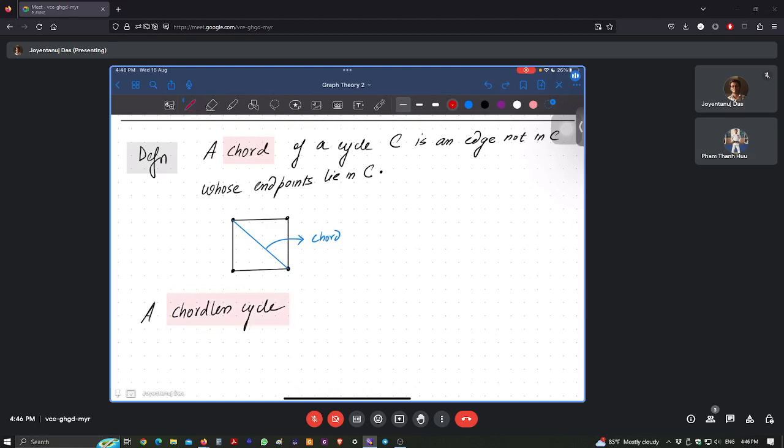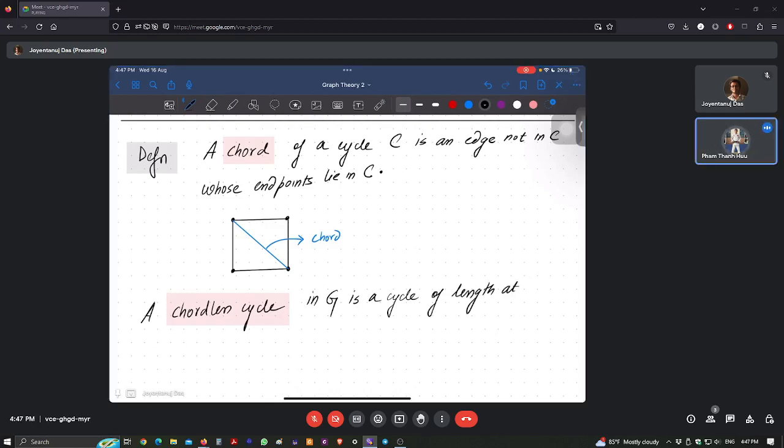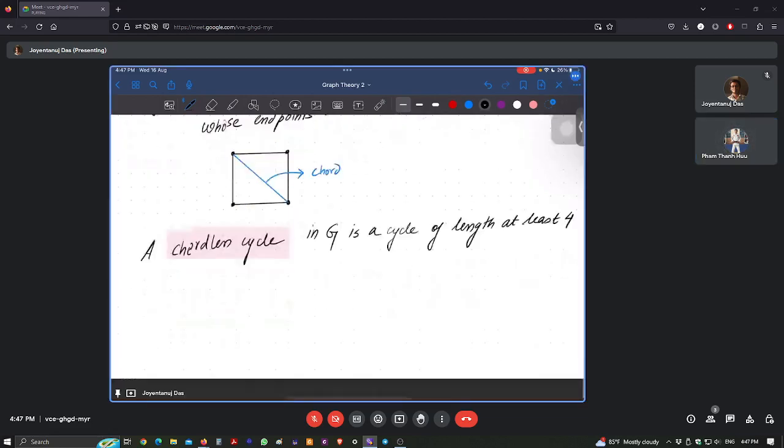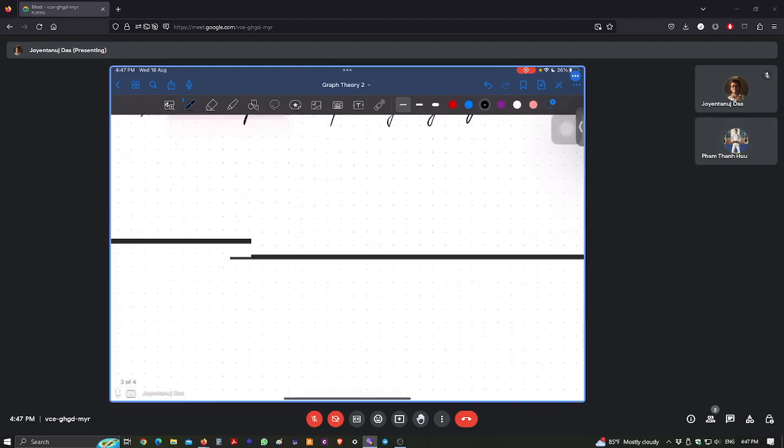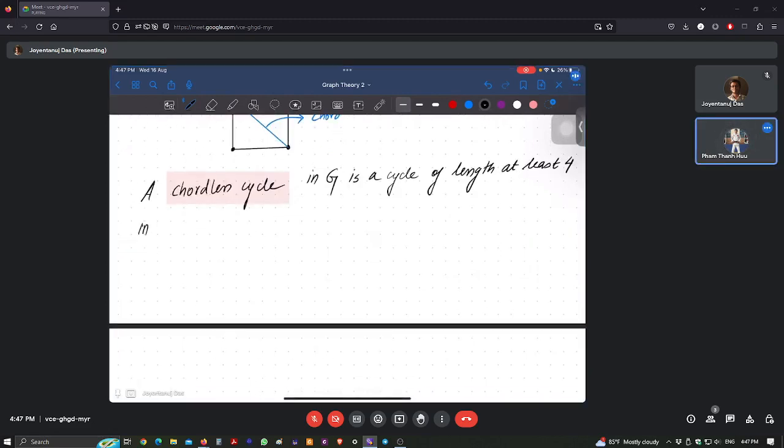From the name it follows itself. A chordless cycle in G is a cycle of length at least 4 in G that has no chord.